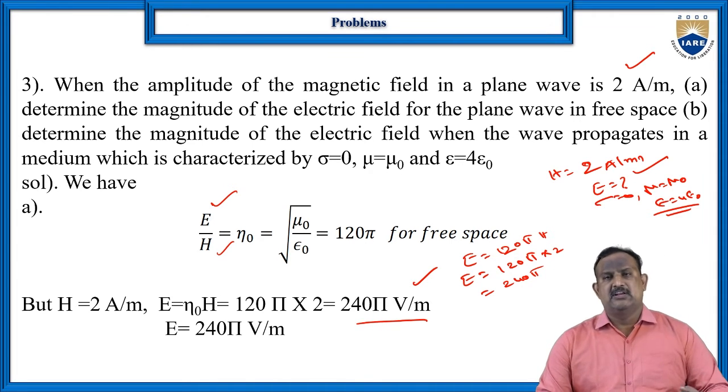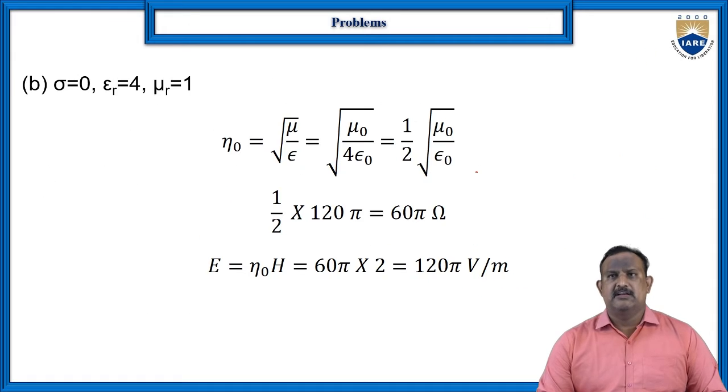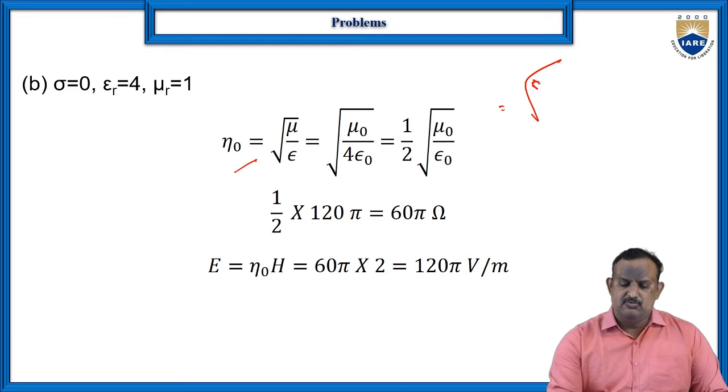Then we need to find out the electric field intensity for a different media, which is having mu equal to mu naught and epsilon equal to 4 epsilon naught. So then we have the formula, the characteristic impedance eta equal to root of mu by epsilon. Mu by epsilon is nothing but mu naught into mu r by epsilon naught into epsilon r.